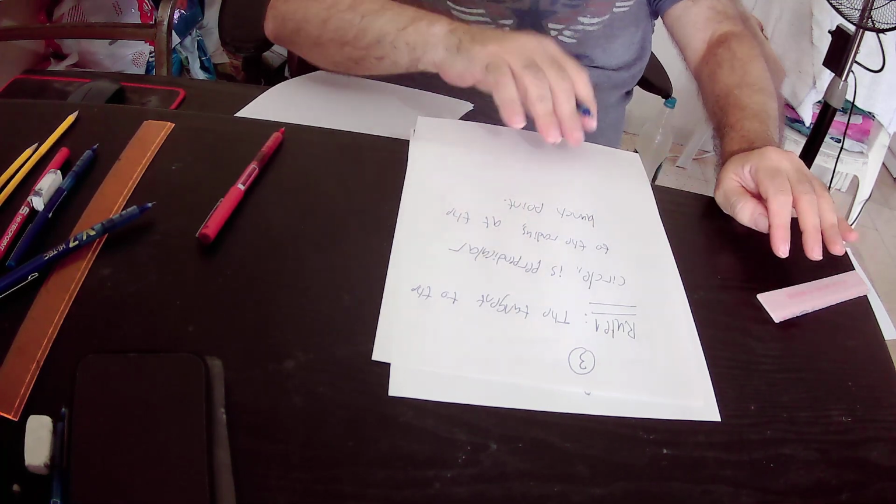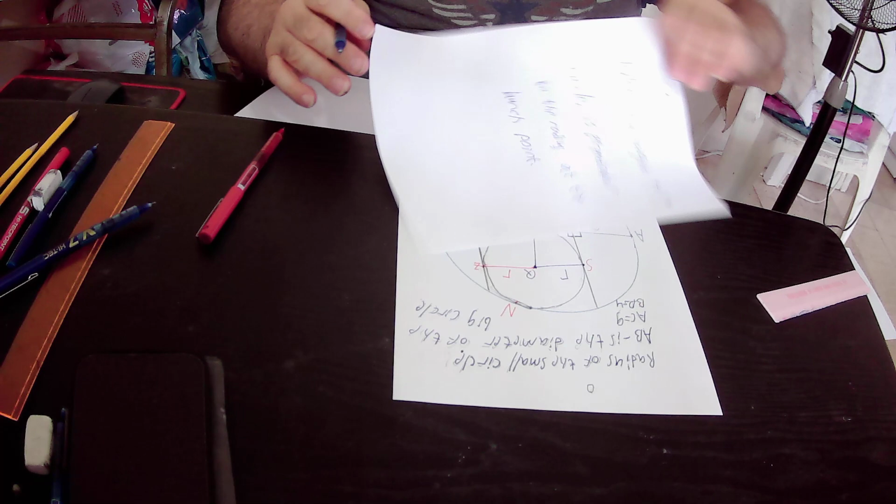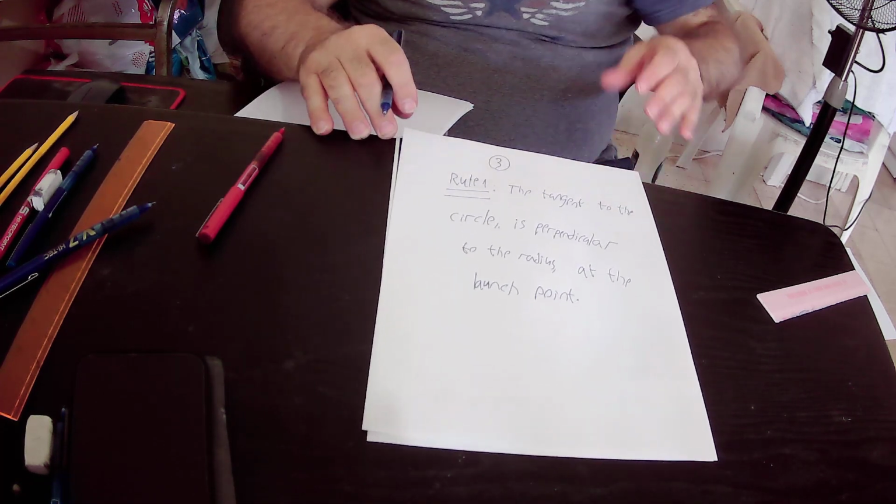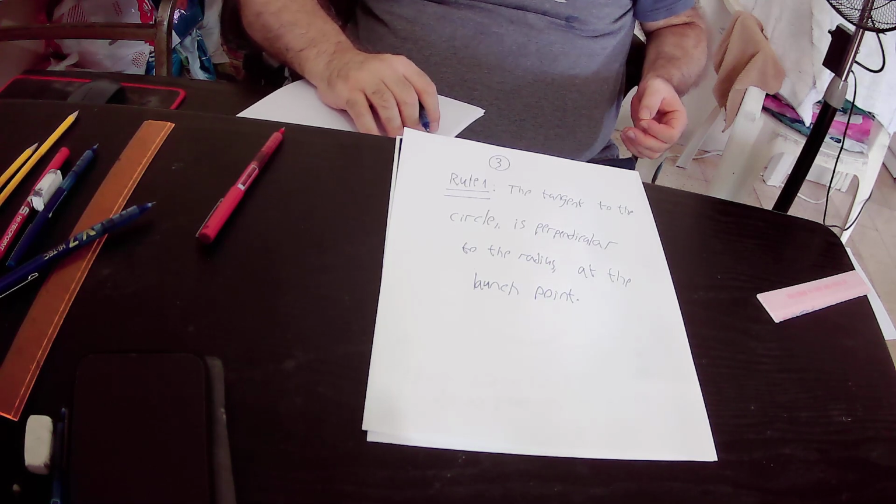So I will read rule number 1 again. Rule number 1 states that the tangent to the circle is perpendicular to the radius at the launch point.